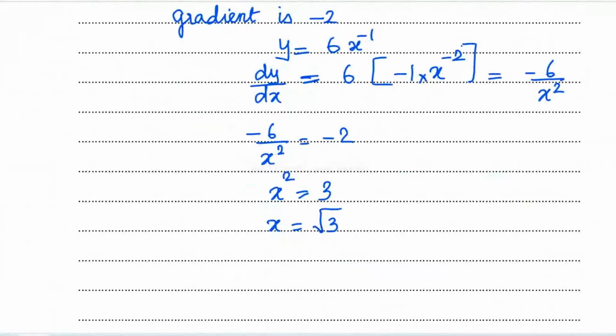When x equal to square root of 3, what is the y value?